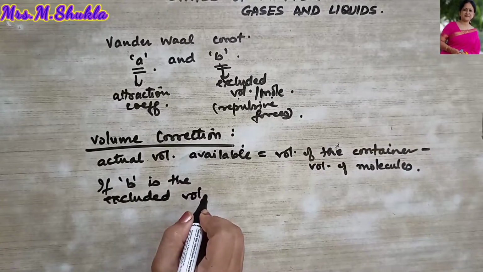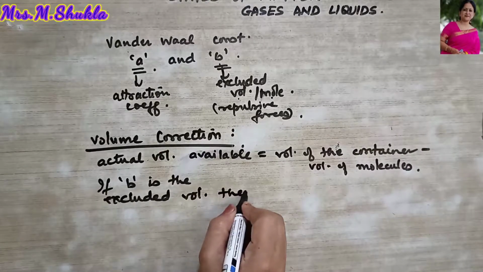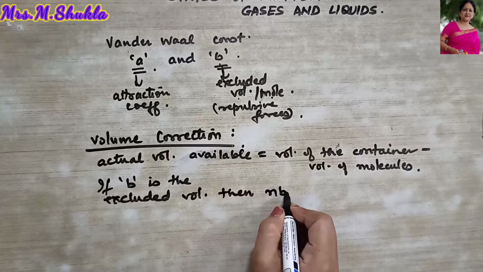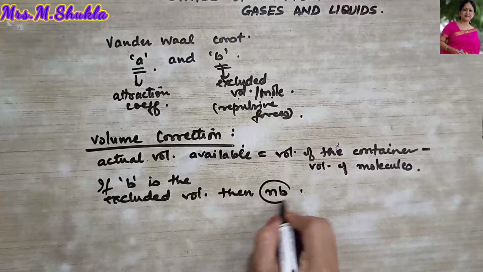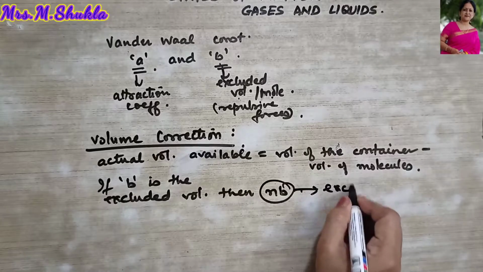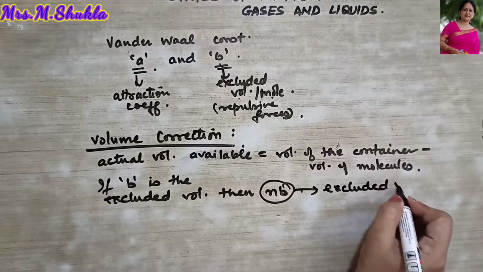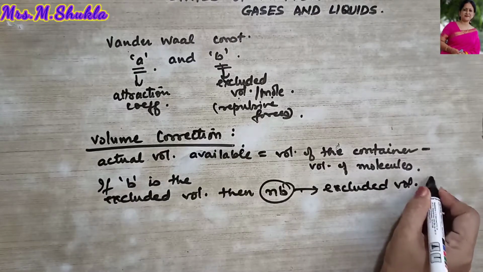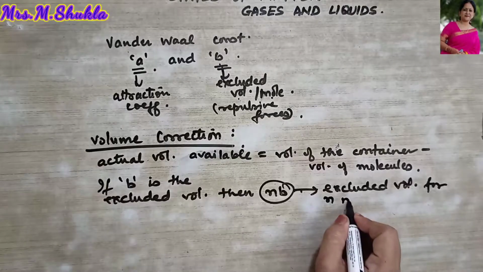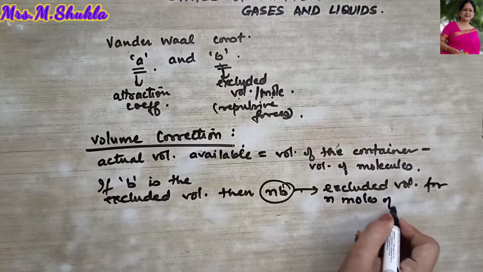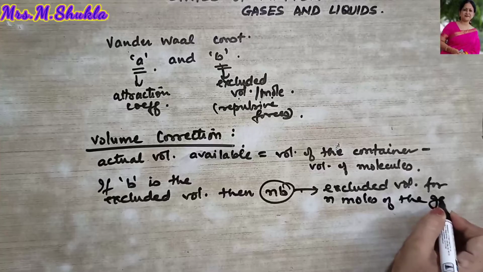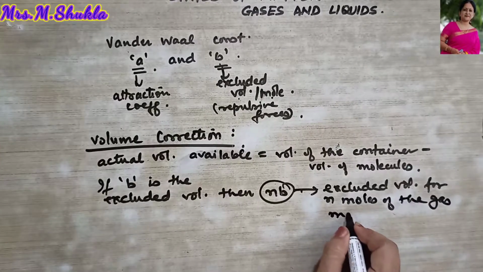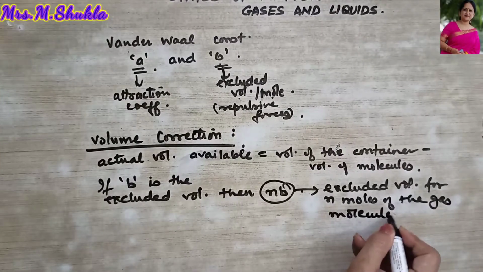If b is your excluded volume per mole, then nb is the excluded volume for n moles of the gas molecules.